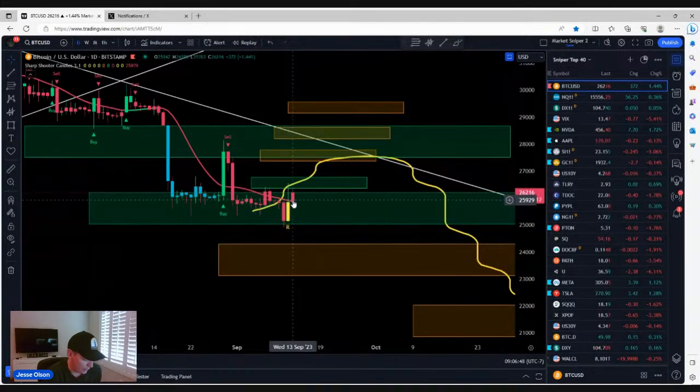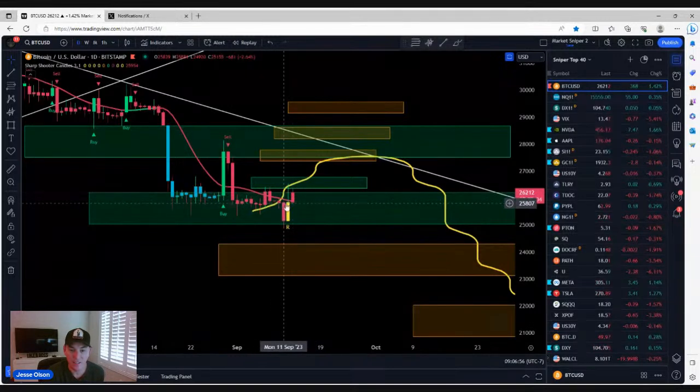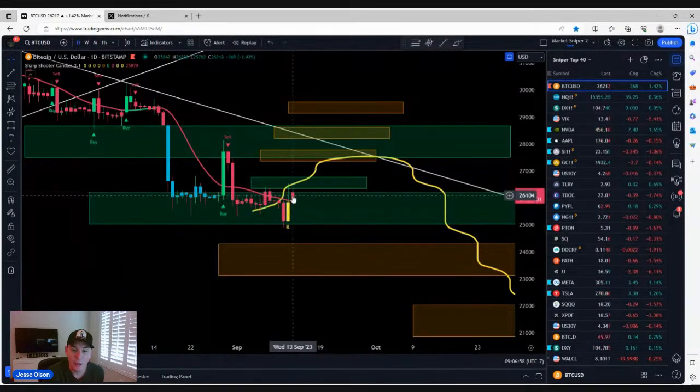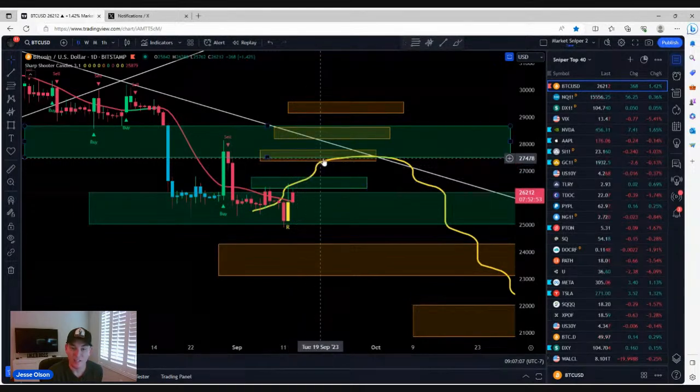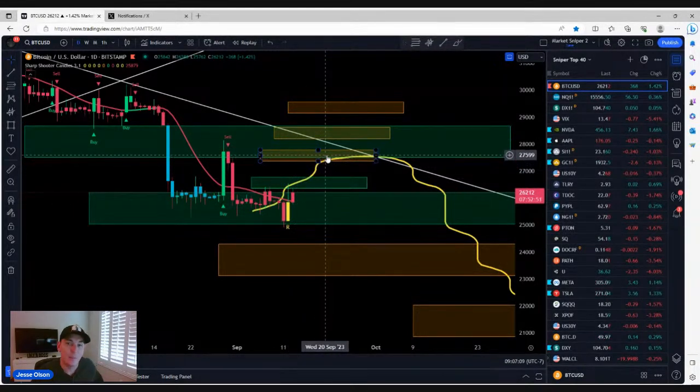And if we get a daily close back above this trending line that we talked about, that it didn't happen yesterday, that would be another higher probability that it is a reversal, at least in the short term. And we could see price come back up and the probabilities continue to stack to hit the second target.